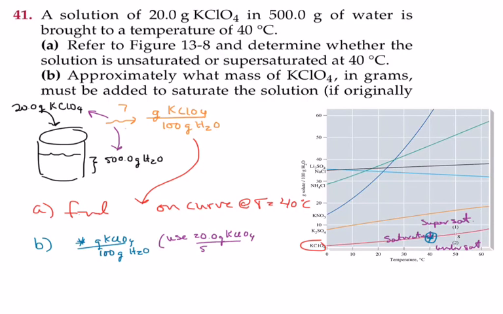And I don't have a lot of suggestions for B. I would just pick off what the saturation amount is, what is on that line right there. I come over here, how many grams of KClO4 do you need per 100 grams of H2O? And then once I had that, I would use it to figure out how much I need to add.